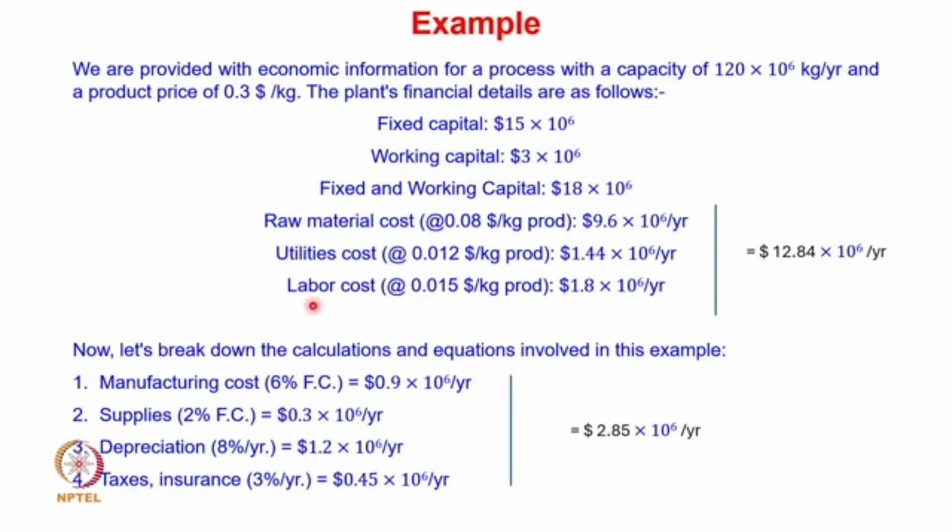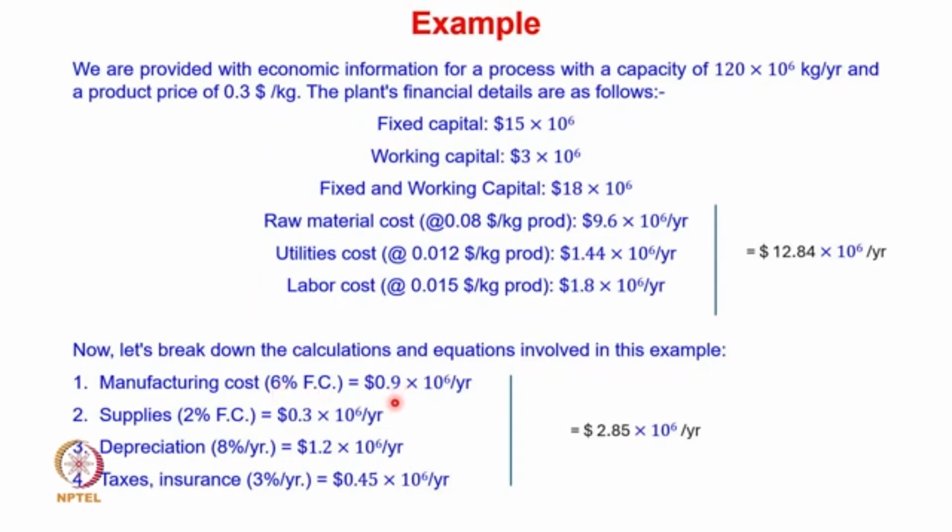And in addition to this, there are some more factors associated with the operating cost. These are given here. So manufacturing cost is around 6% of the fixed capital. The fixed capital given here is 15 x 10^6, so we can multiply that by 6% and obtain the manufacturing cost.